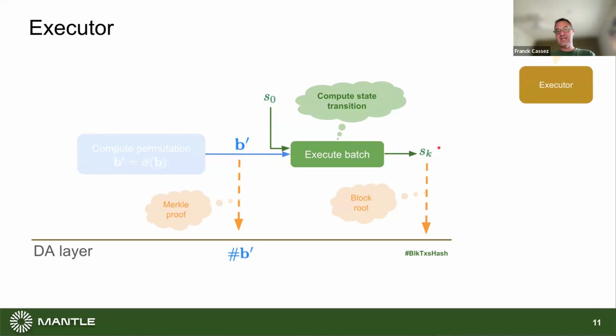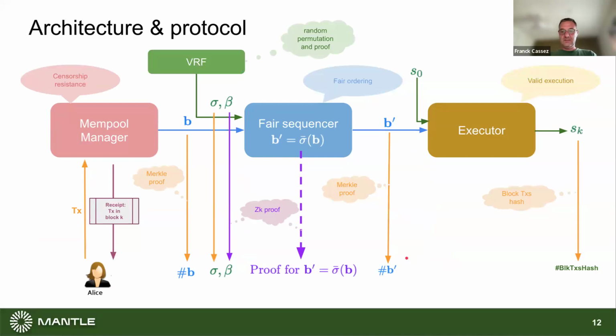In the block, you usually have the list of transactions and the order in which they've been processed. So we publish a digest of the block and a digest of the list of transactions that are in the block. You can compare this digest of transactions that have been processed with the initial B prime and check that they are the same.